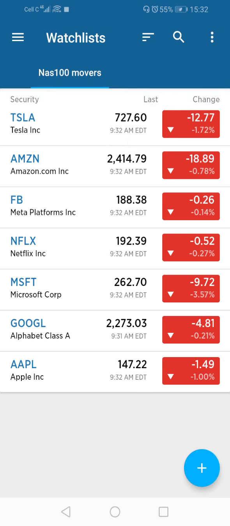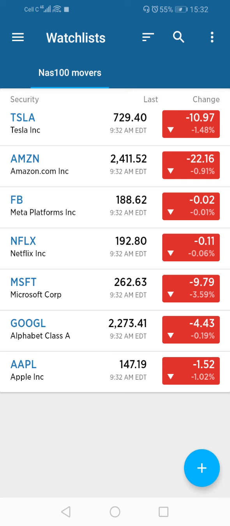So far, everything is looking negative, right? All my Nasdaq market movers are negative. The biggest companies in the Nasdaq are all looking negative. I'm just paying attention here to the change.